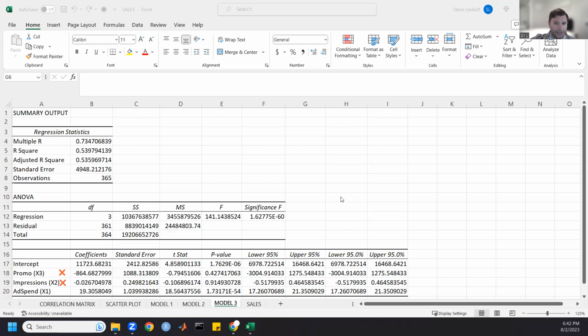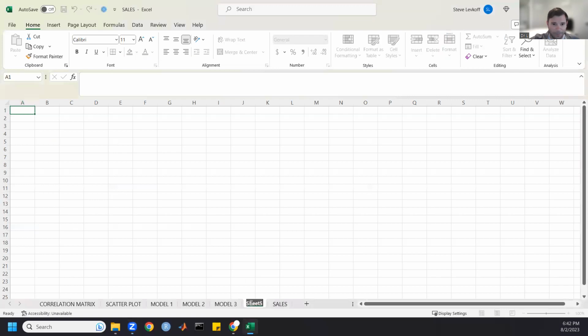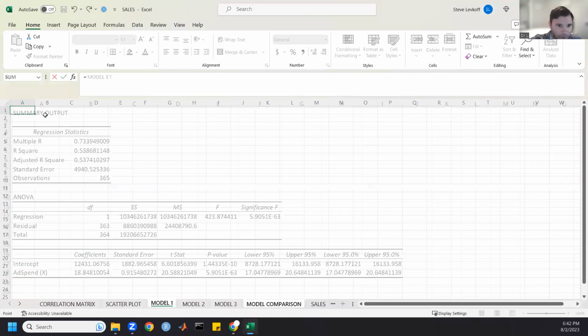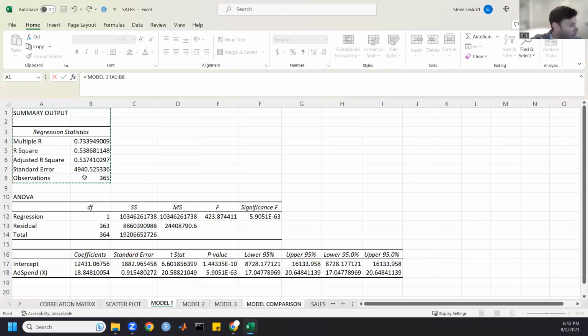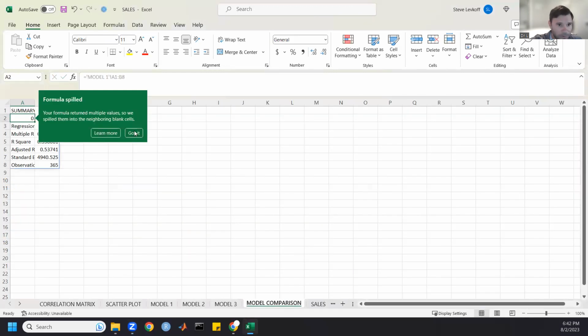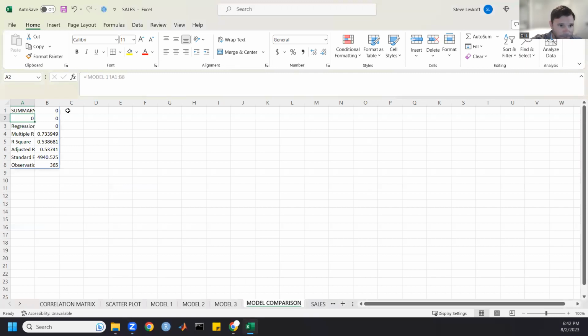Okay, but let's go ahead and take stock of a few things in comparison in terms of our model selection. In fact, let me go ahead and make a new tab, and I will call this new tab Model Comparisons. And in this new tab, what I'm going to do here is just grab the output for each model. There's a model 1 summary.